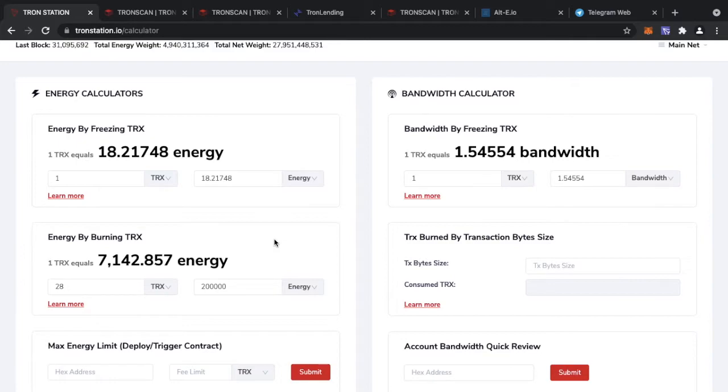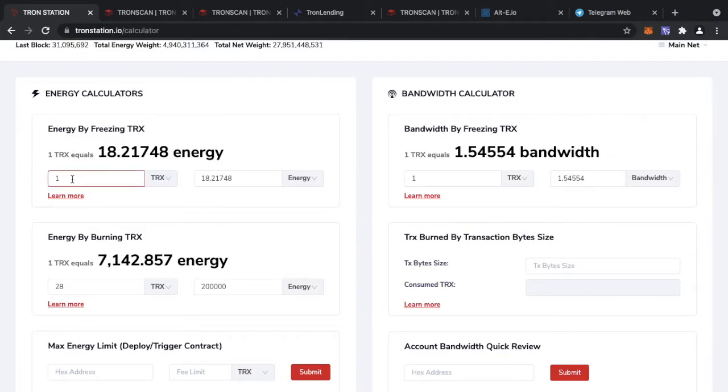And a lot of these transactions people are doing multiple times a day, which makes it very difficult to work on the Tron blockchain using certain strategies, which is frequent transactions. So if you wanted to save on Tron, what you would do is go ahead and freeze Tron.